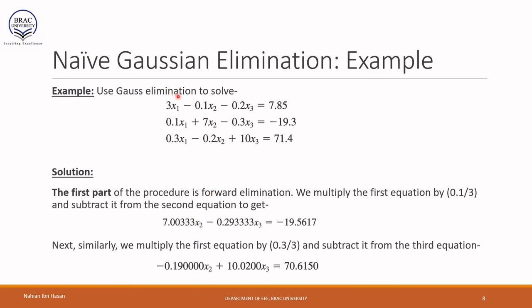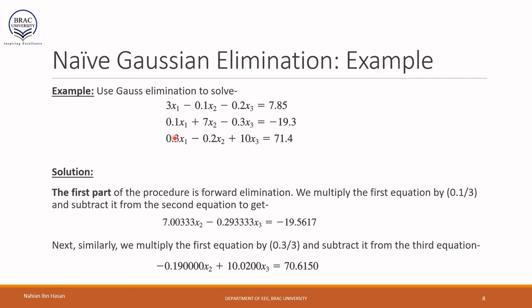Once we subtract the first equation after multiplying by this value, we get this equation: 0.7003333 x2 minus this equals this value. This is the modified second equation, and we are going to replace the second equation by this version. In this modified version we do not have the x1 term, it vanishes after the subtraction.